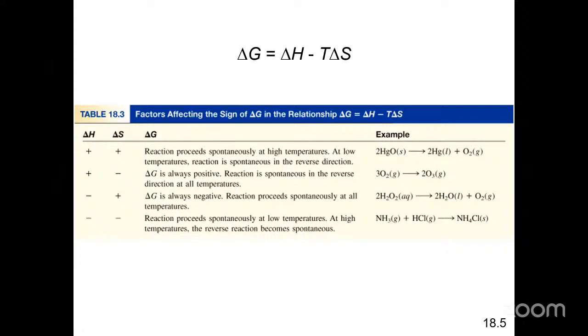And then the reverse will be true if the temperature is high. In that case, delta G is going to result in being positive, which means that the reaction will not be spontaneous. All right?